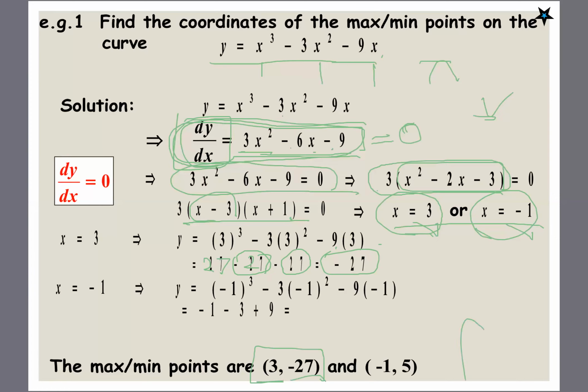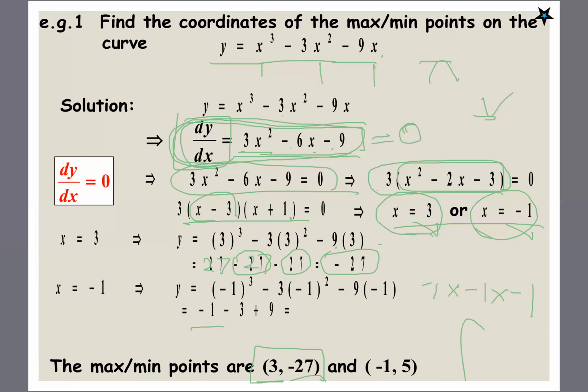And also when we apply minus 1 in the given function, x cubed minus 3x squared minus 9x, you can see here minus 1 first, because minus 1 multiplied by minus 1, again multiplied by minus 1, gives minus 1.